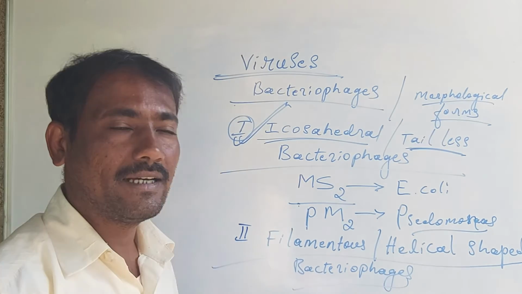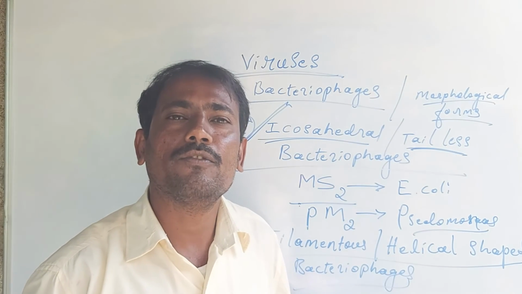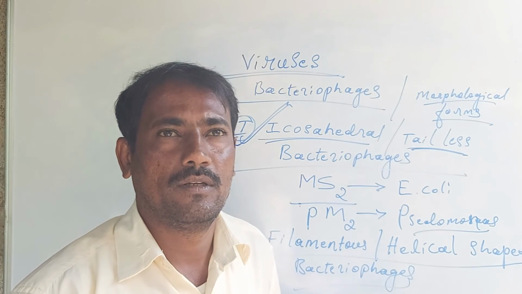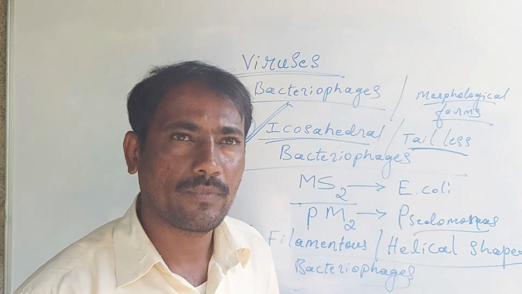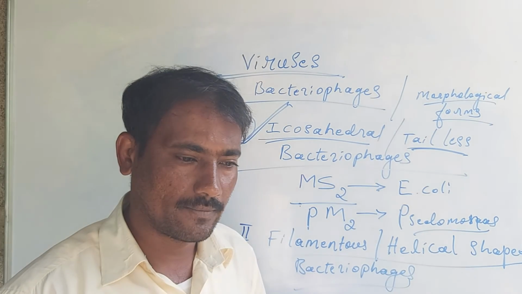Very long filamentous or helical shaped bacteriophages are also found to occur in nature. They infect bacteria, but their shape is helical or filamentous.